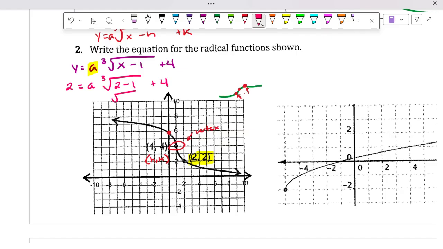So this will be the cube root of 1 plus 4. What's the cube root of 1? 1.